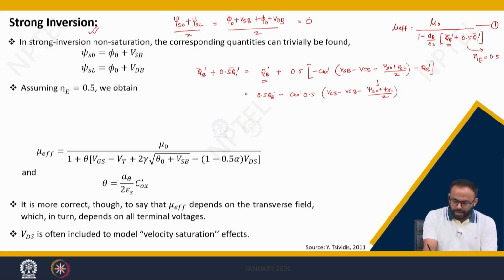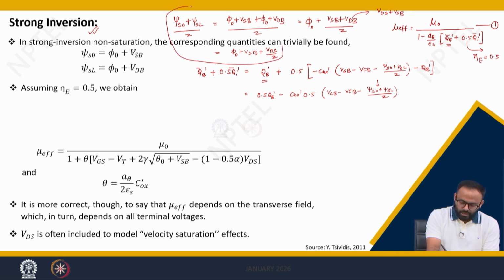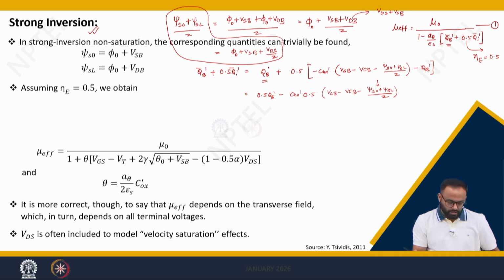This will give you phi naught plus VSB plus VDB divided by 2. This VDB again can be replaced by VDS plus VSB. So if you keep it here, the ultimate answer of psi s 0 plus psi s L by 2 is phi naught plus VSB plus VDS by 2. This is the value of psi s 0 plus psi s L by 2 in terms of terminal voltages.